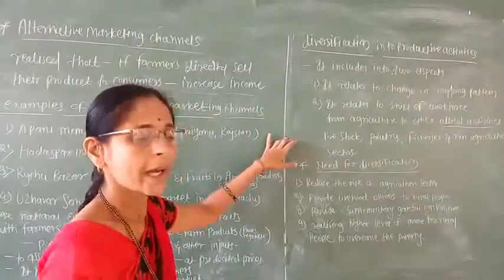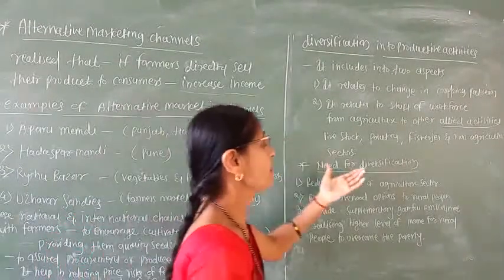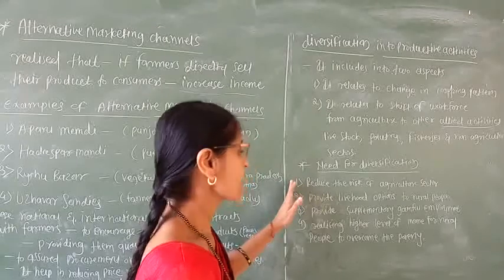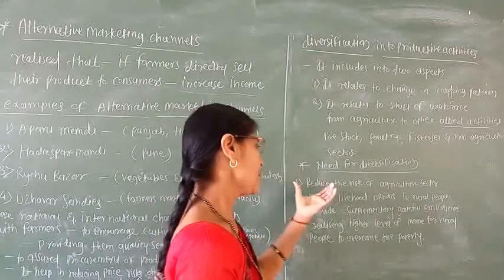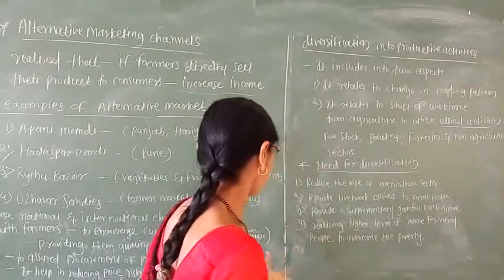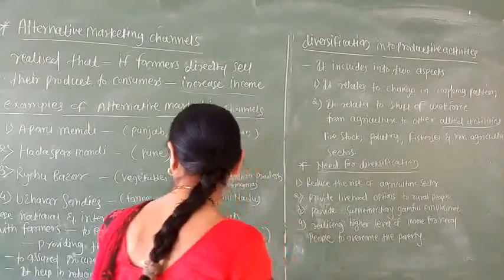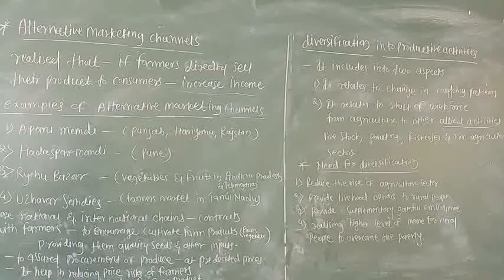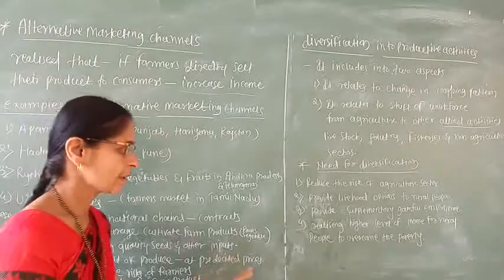See students, why do we need diversification? Because diversification reduces the risk of the agricultural sector. Means here it reduces the price risk of the farmers.